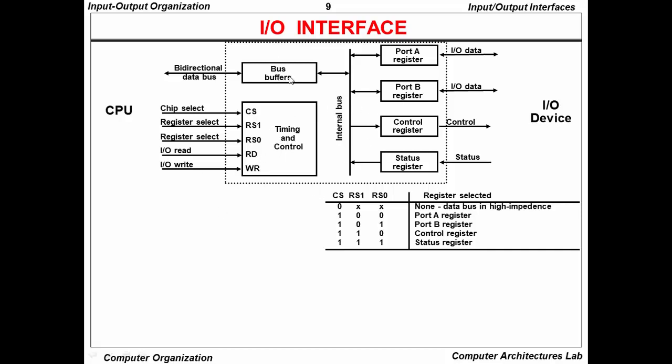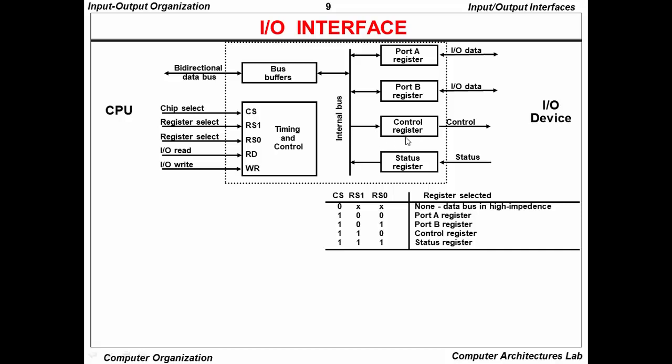There is a buffer available, and a bidirectional data bus which provides data transfer. Data is made available to that bus buffer during the IO transfer. There are internal registers: the port A register is used for IO data, and the port B register is also used for IO data. There is an internal bus available inside the different registers of an IO interface.